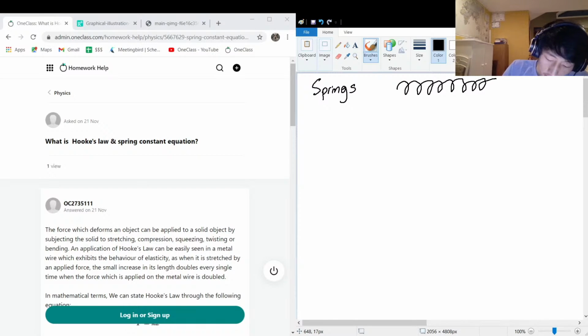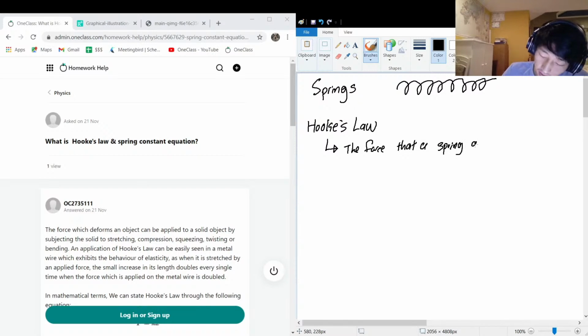So Hooke's law basically states that the force that a spring applies is proportional to its stretch or compression.